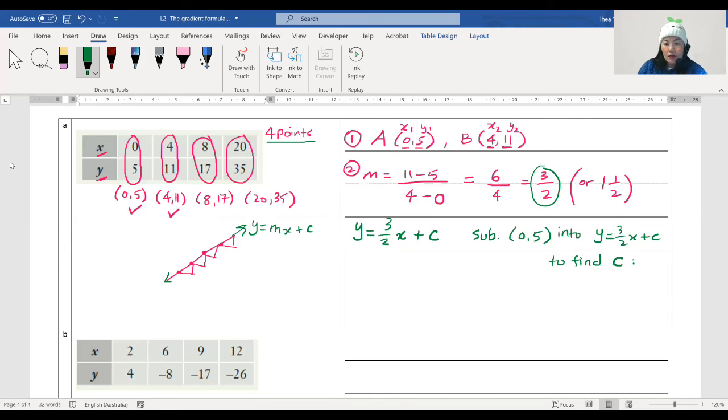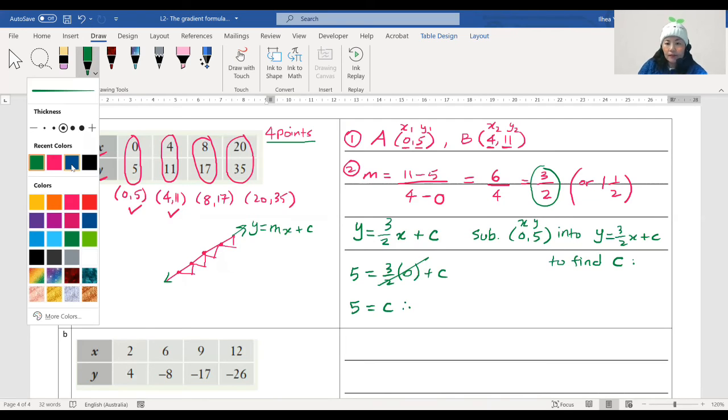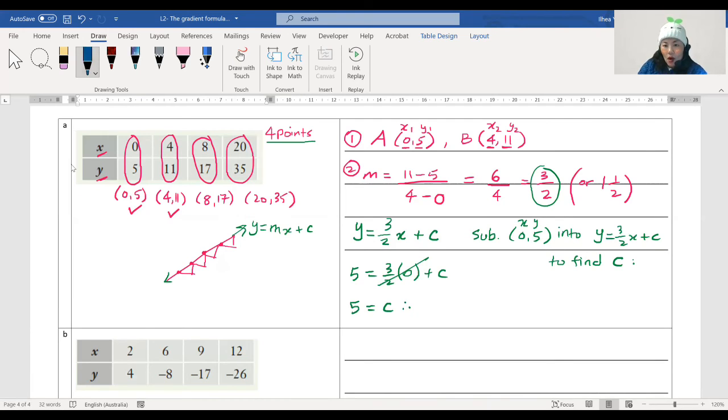So let's have a look. I'm going to substitute in. That's my x, that's my y. So y is 5, 3 over 2 times x, which is 0, plus c. That whole thing is going to be 0, isn't it? So my c is 5. So my equation now is y equals 3 over 2x plus 5.